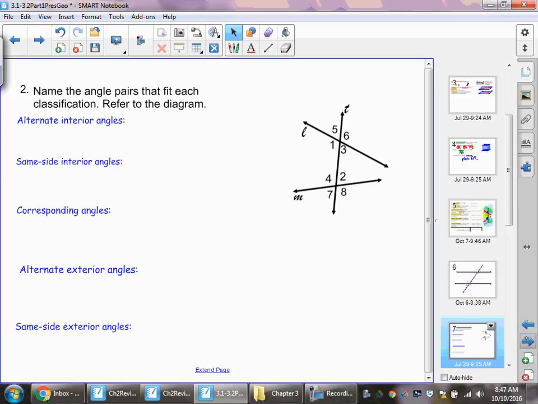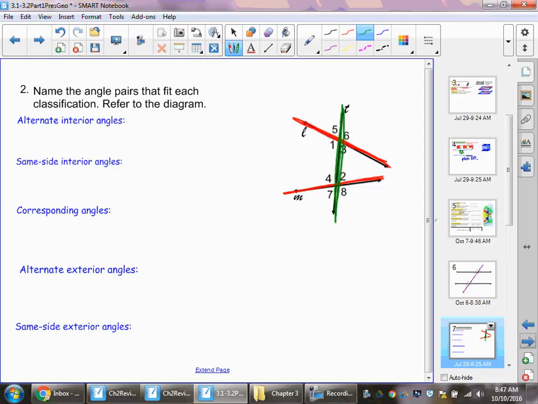To name these with a different figure, here we have our two lines cut by a transversal. I will do one example of each. Remember, we also have the interior and the exterior. Interior is in between the two lines, exterior is on the outside of the two lines.